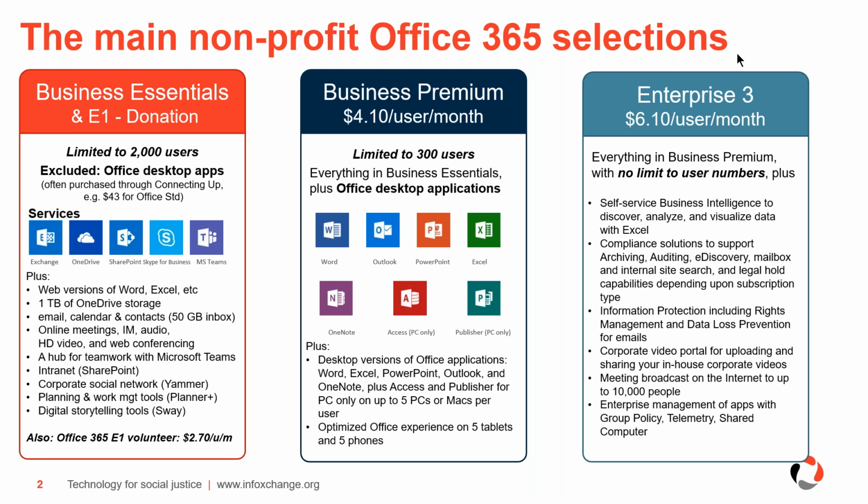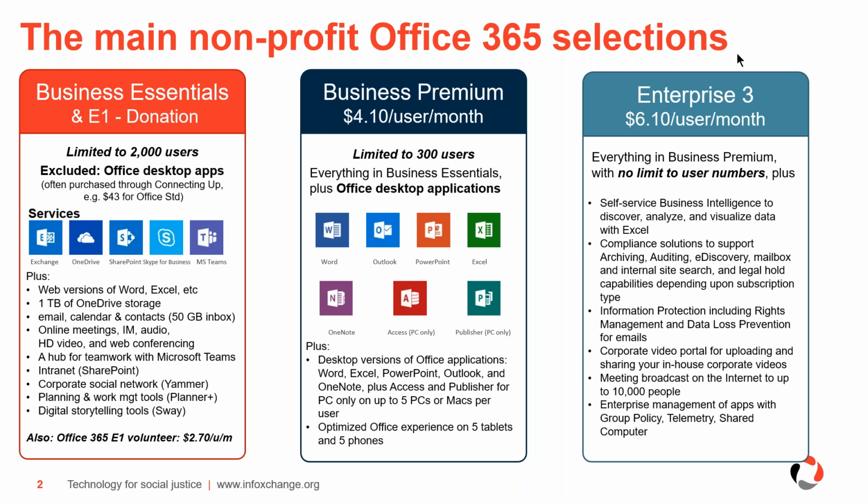We do find organizations that are more sophisticated and want greater functionality in their reporting and analytics, and information management and information protection are considering the E3 license, $6.10 per user per month. And that gives you a range of additional services.